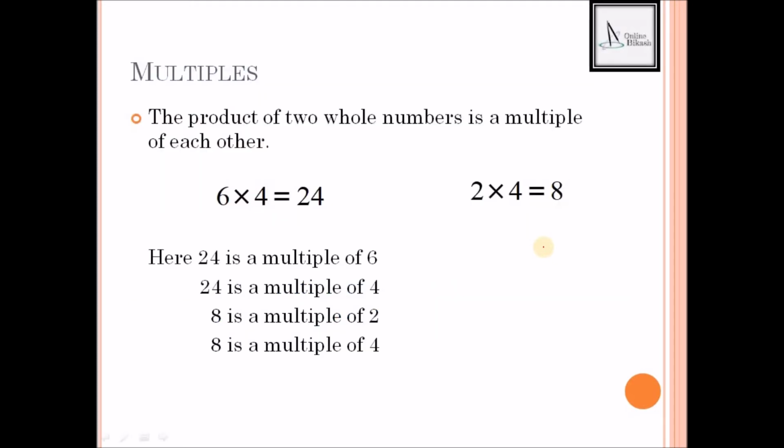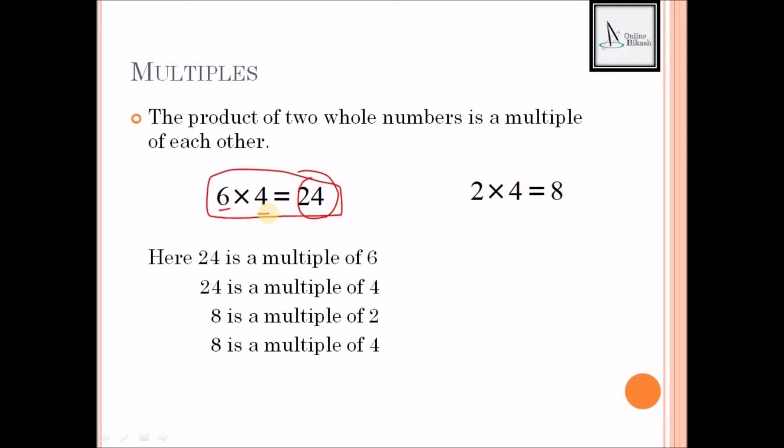now see multiples. The product of two whole numbers is a multiple of each of them. In the first case, you see, 6 into 4 equals 24. Okay, 6 4s are 24. So this 24 will be known as a multiple of 6 as well as a multiple of 4.